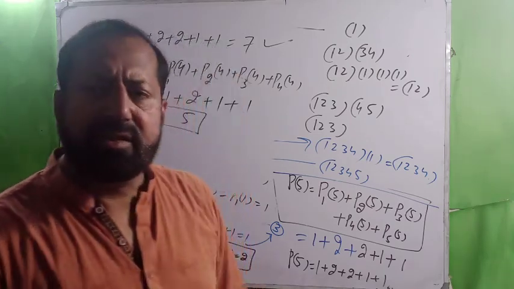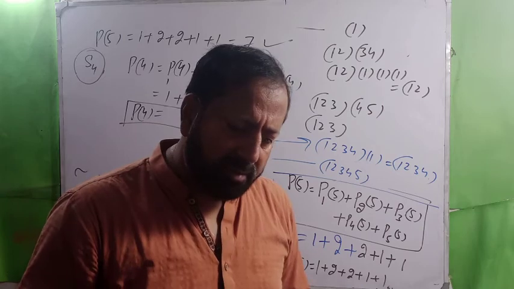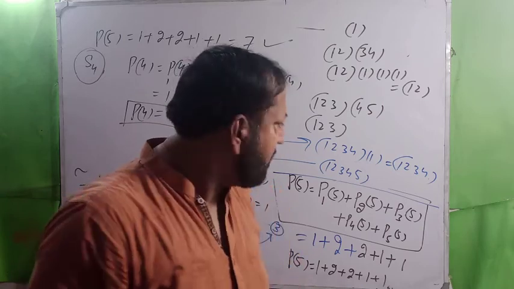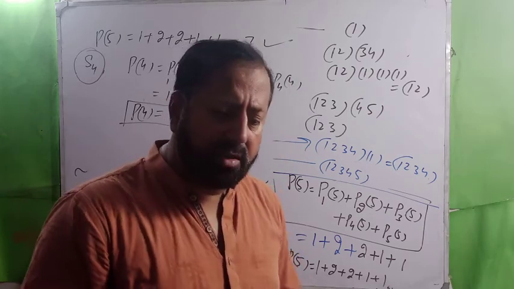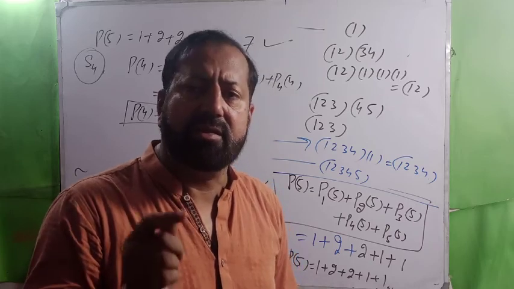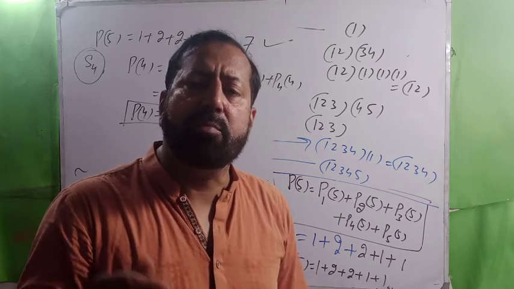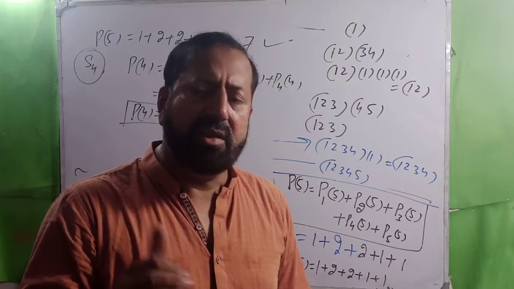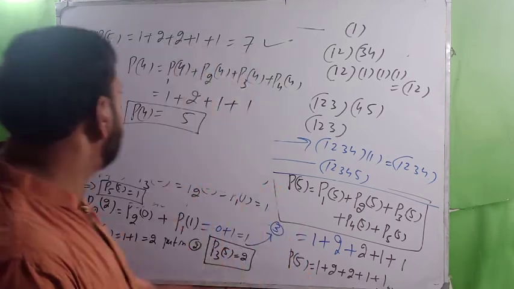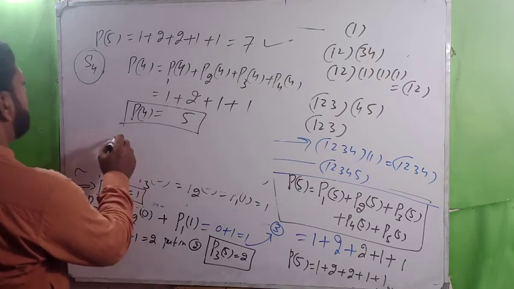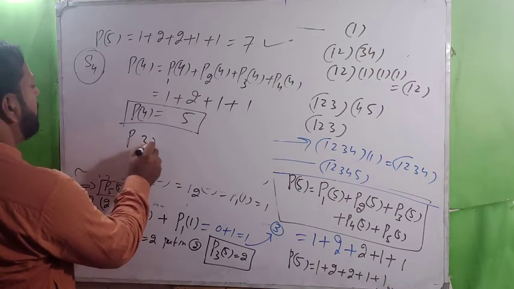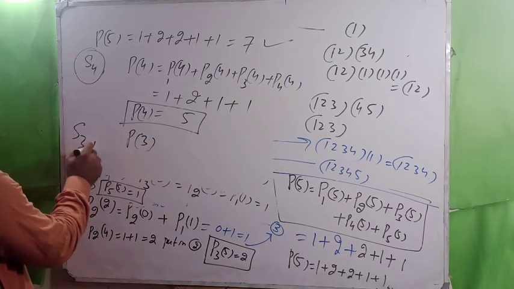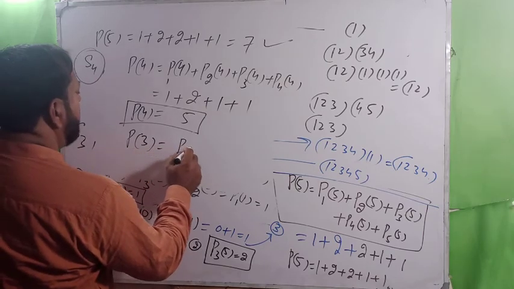We have discussed this at the start of this lecture. First of all, we discussed the conjugacy classes of S3 and S4 manually. Now we are discussing these classes with the help of a computational technique. So there are 5. And what is P3? For S3, you can find P3.